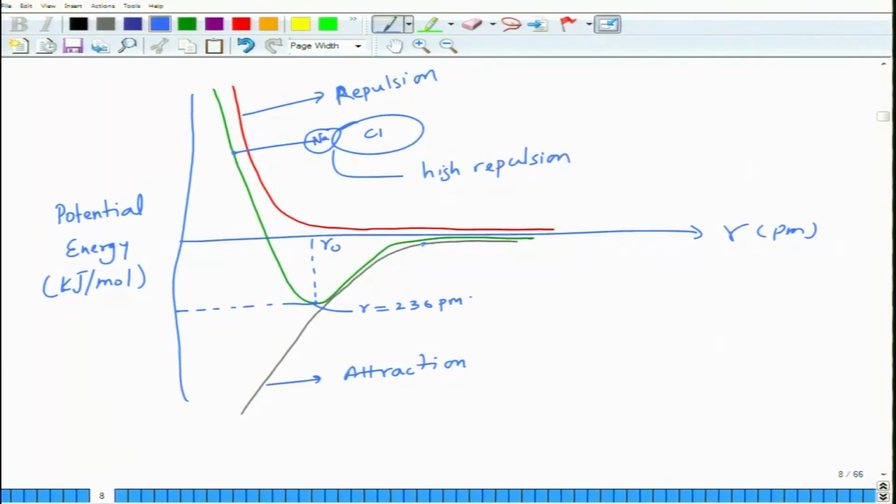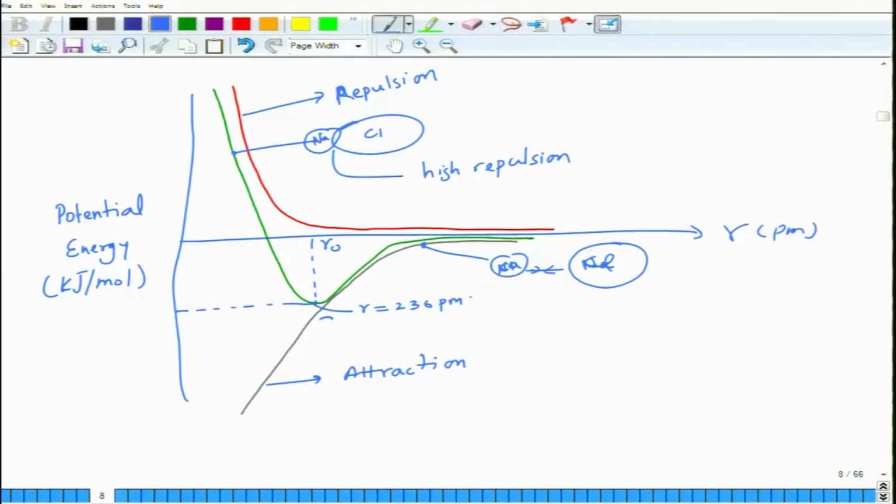And if you come somewhere here then it would mean a situation like this, NaCl. So they will tend to attract, but then they are too far off. So they become like isolated atoms. So chlorine is somewhere there, sodium is there, there is attraction, but that is a weak attraction, and then you are somewhere here. So that is where sodium and chlorine are happily without squashing each other.